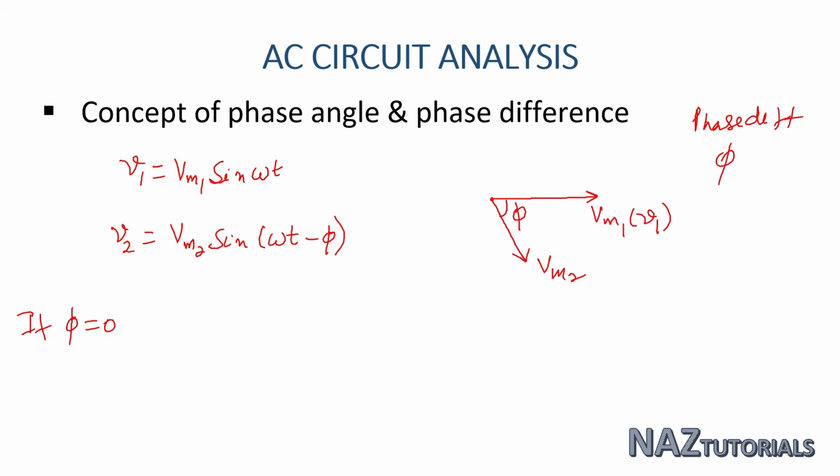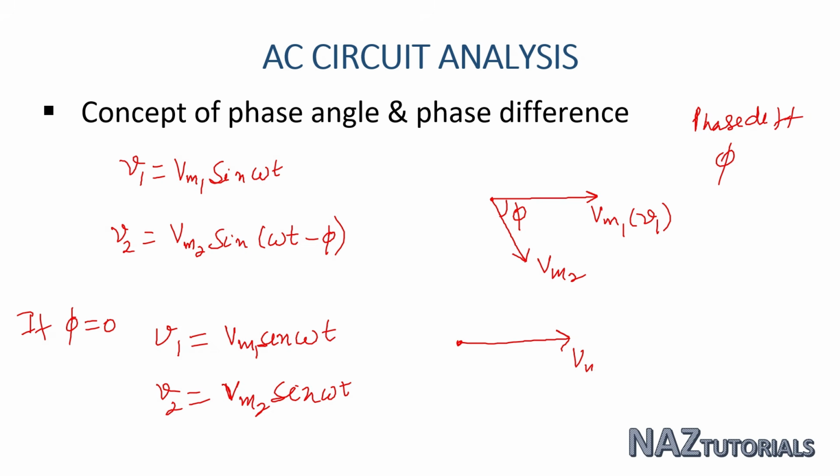Now consider if phase angle phi is equal to 0, then V1 is equal to Vm1 sine omega t and V2 is equal to Vm2 sine omega t. So the phasor representation will be like this. This is Vm1 for voltage V1 and this is Vm2 for voltage V2.